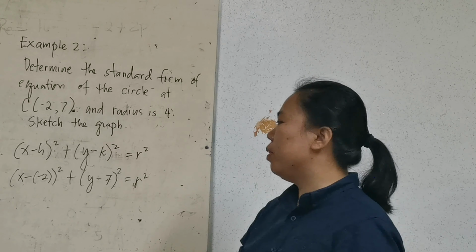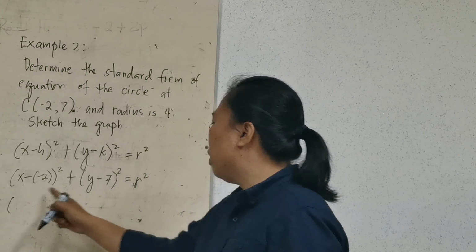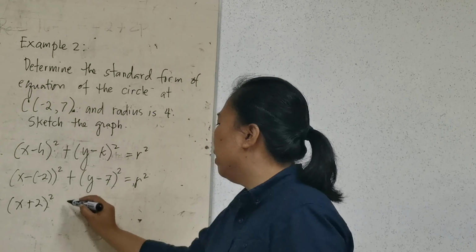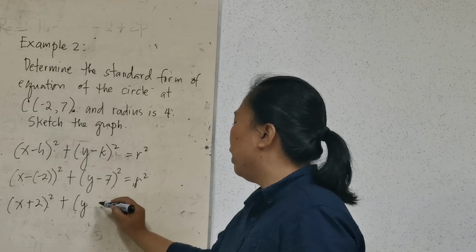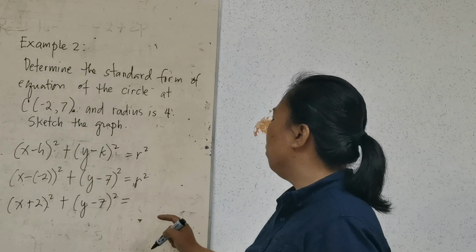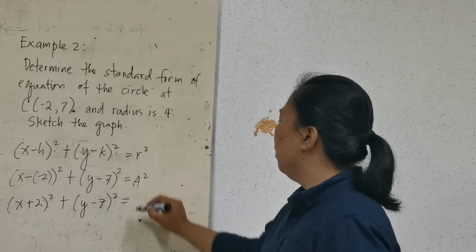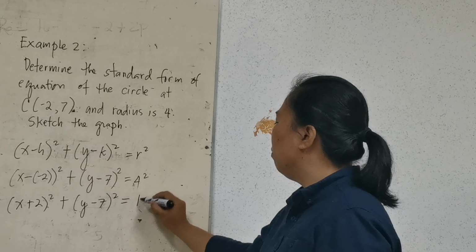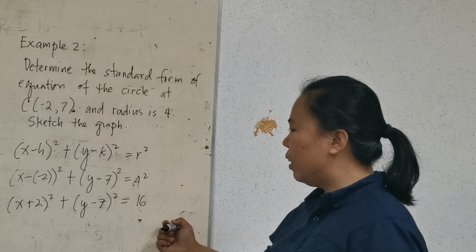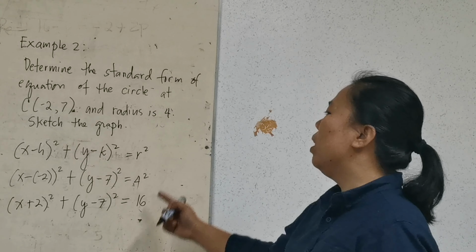Just be careful of the signs. Then we will operate. We have x plus 2 squared plus y minus 7 squared is equal to, okay, we will substitute first 4, so we have 16. Then that's the final answer. We have x plus 2 squared plus y minus 7 squared is equal to 16.